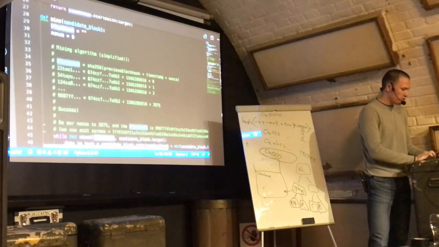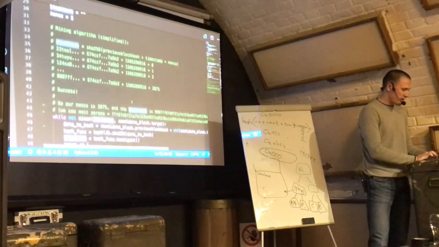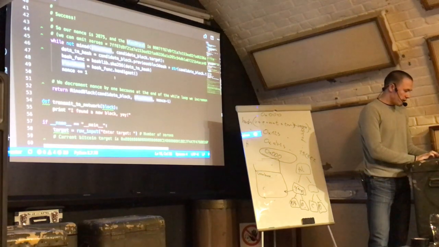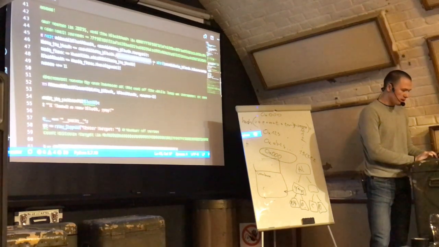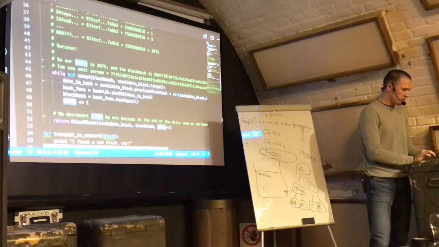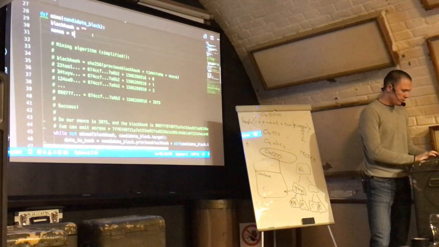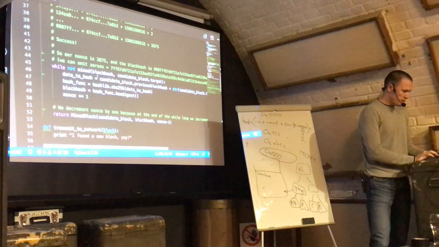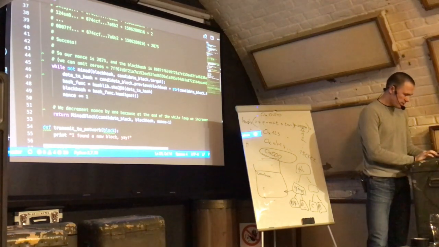So this is the main functionality, the way that mining works. We take the previous block hash, we take the timestamp, and we take the nonce. Nonce is 0 in the beginning, you see. So we try to mine.